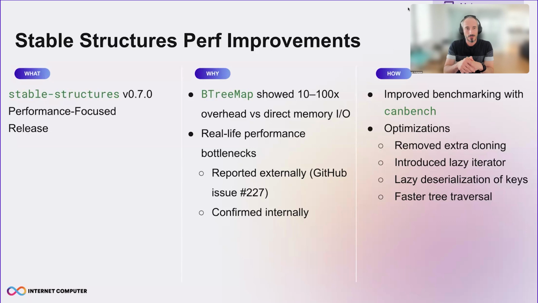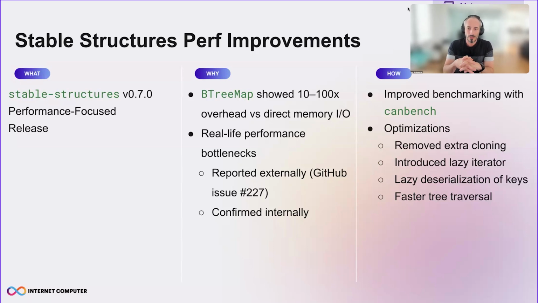And that is not a theoretical issue. It was reported externally on our GitHub issue page, and it was also confirmed internally by our teams who use stable structures in their production environment. So how did we improve it?